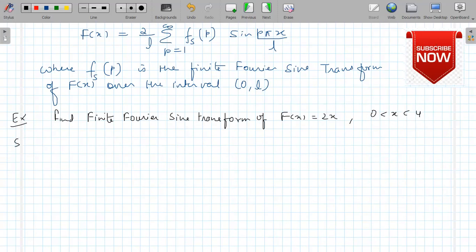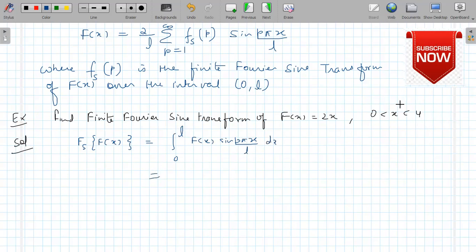So we apply the formula of finite Fourier sine transform. Of any function f(x) it is defined as the integration from 0 to L of f(x) sin(pπx/L) dx, where L is equal to 4.